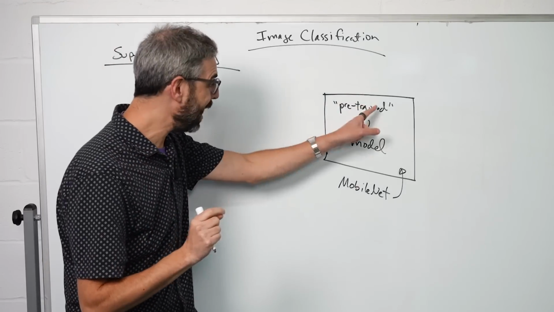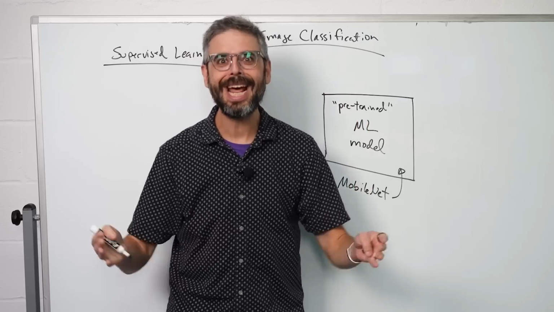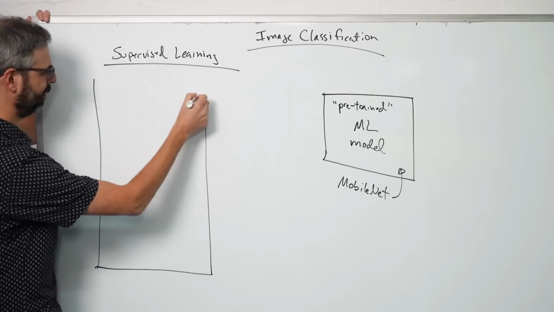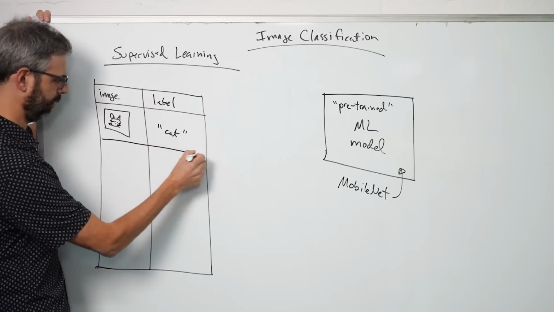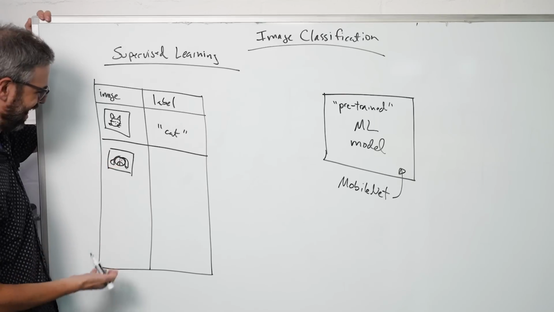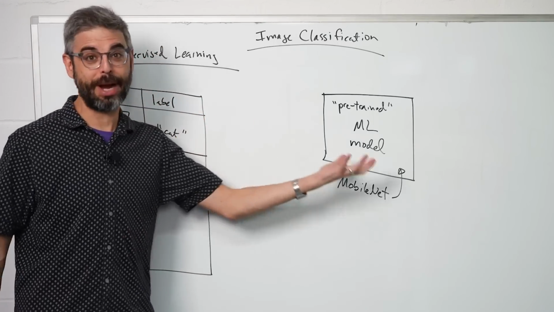In order to train a machine learning model with supervised learning, you need a data set, a labeled data set. I can't draw a dog, apparently. Sorry about that. This data set is then used to train the model.